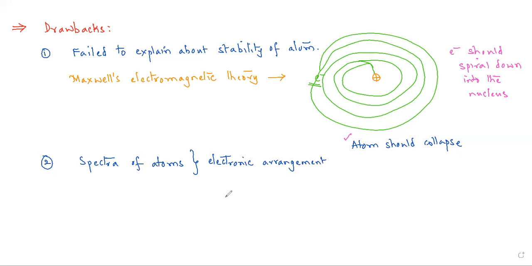How are the electrons distributed? It failed in explaining this. Because it failed in explaining the electronic arrangement, it also failed in explaining the spectra of atoms. So these are the drawbacks or demerits of Rutherford's atomic model.